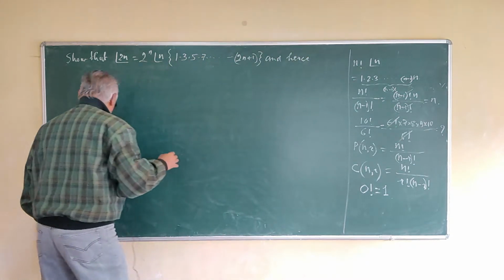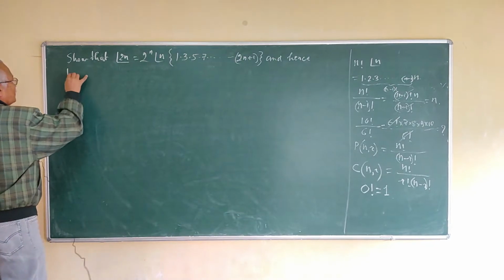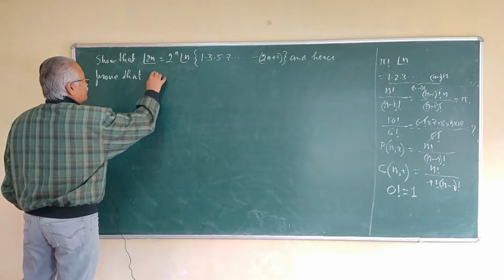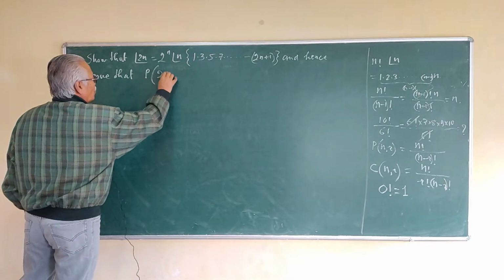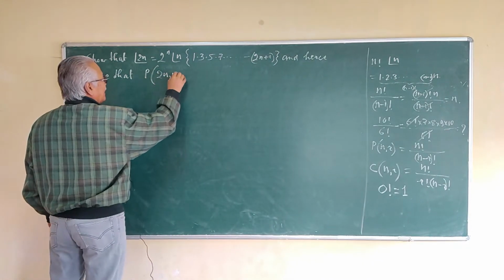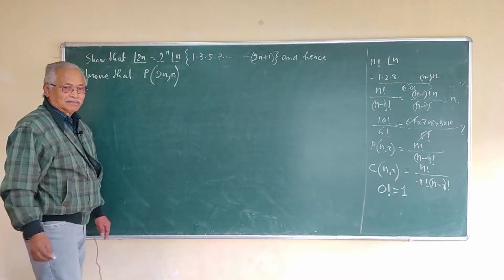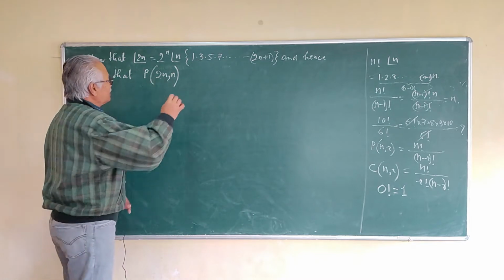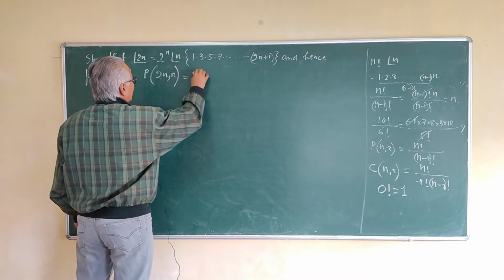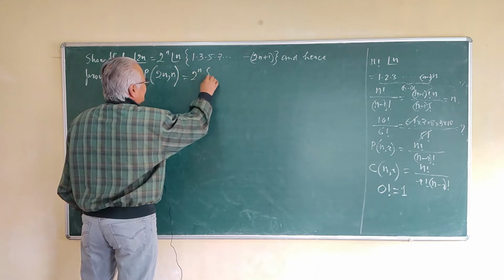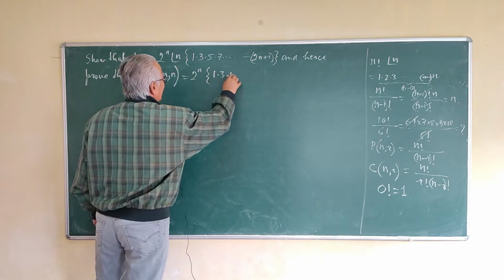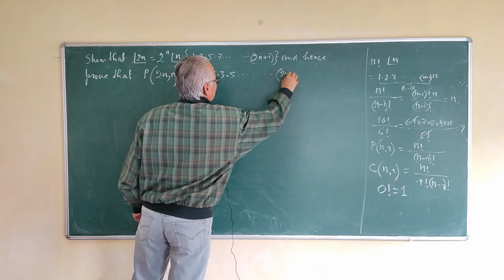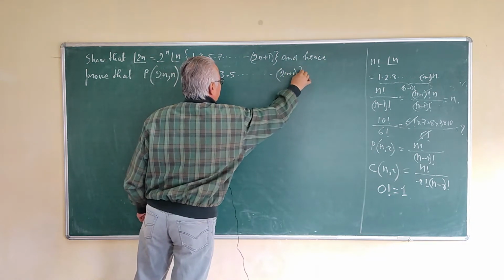Hence, prove that P twice n is equal to 2 to the power n, then 1, 3, 5, etc., going up to the last factor, that is twice n plus 1.